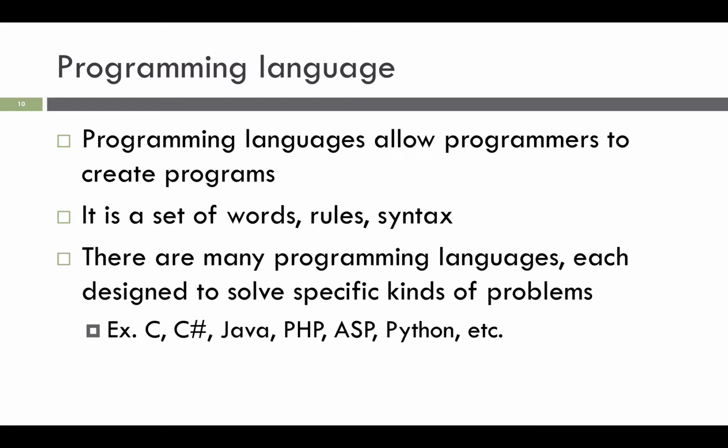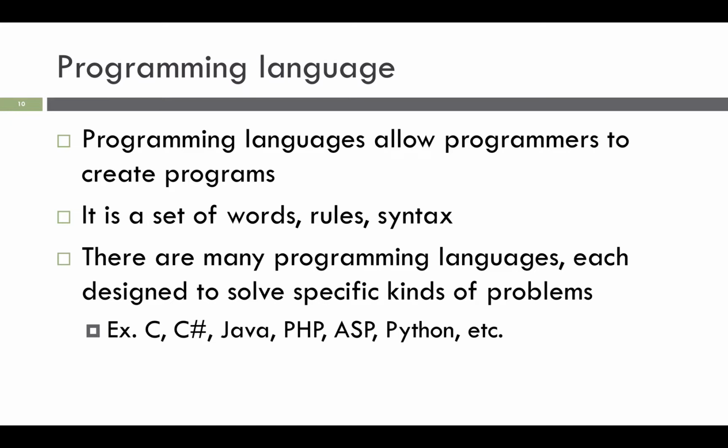There are many programming languages, each designed to solve specific kinds of problems. C is a low-level language that gets the programmer close to working directly with the hardware. C# is a high-level language which is closer to human language for rapid development on Windows computers. Java is a cross-platform language.